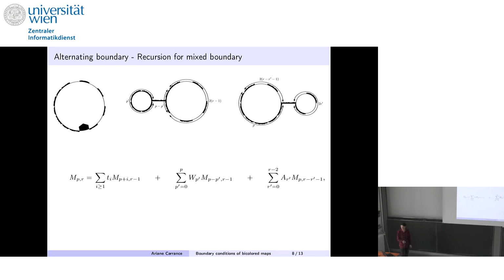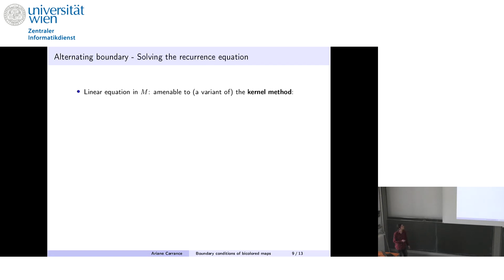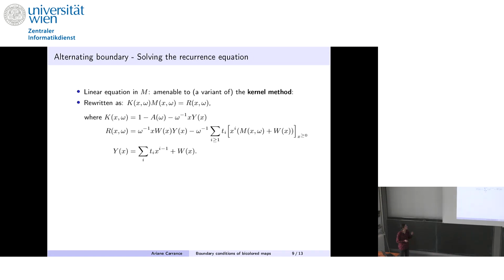So if we pack that up into our bigger generating function, you get this set equation for this more general boundary condition represented by M. And one thing that's very nice about this equation is that it's a polynomial of degree 1 in M.